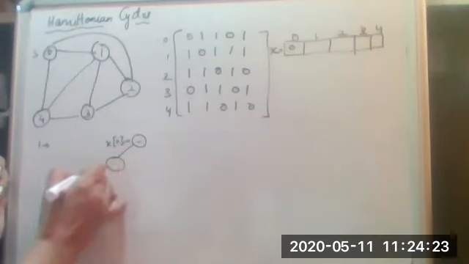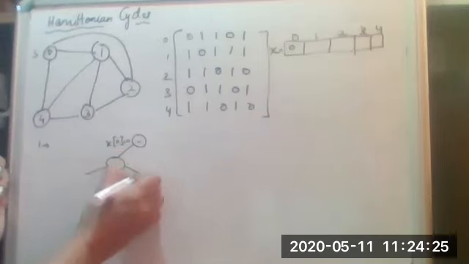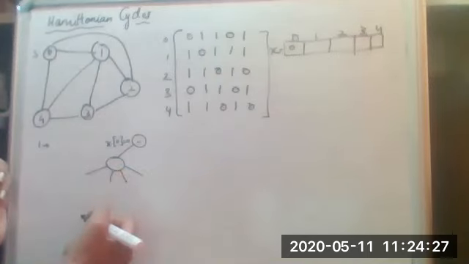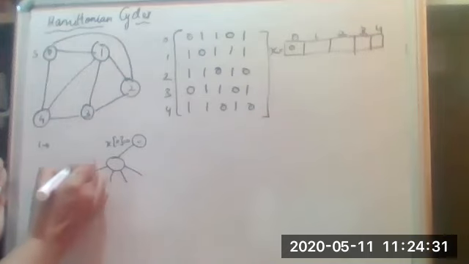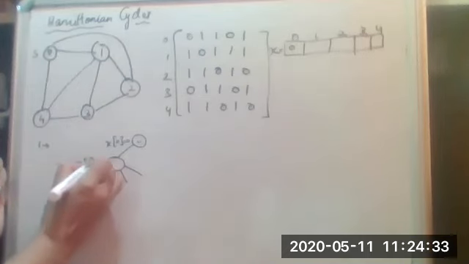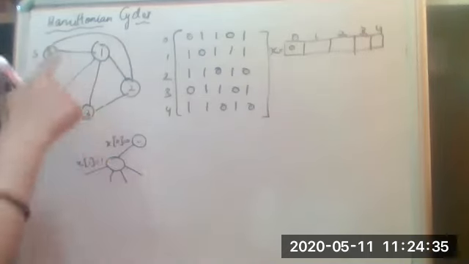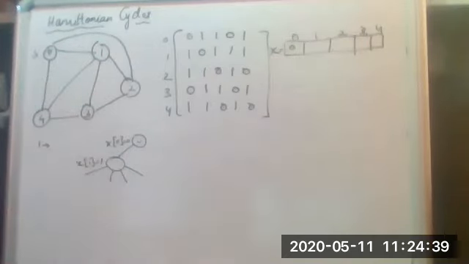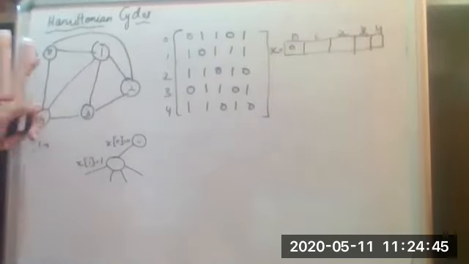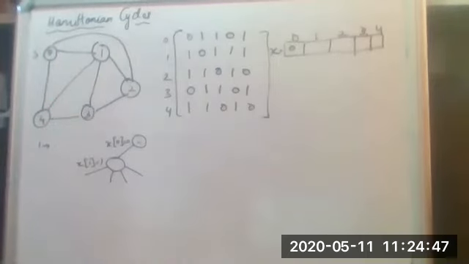I can have the other 4 vertices. At the very first place I can have 1, the next vertex. Now the choice I need to make is whether I have a path from 0 to 1.